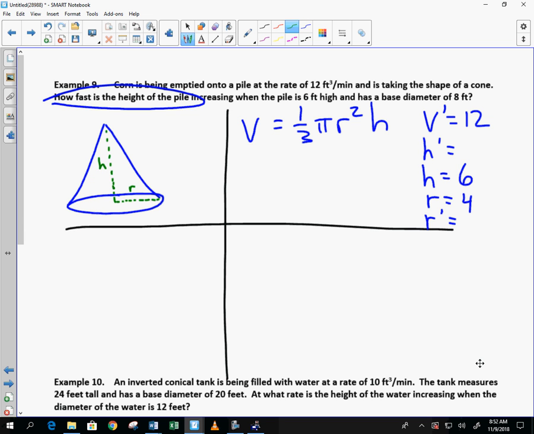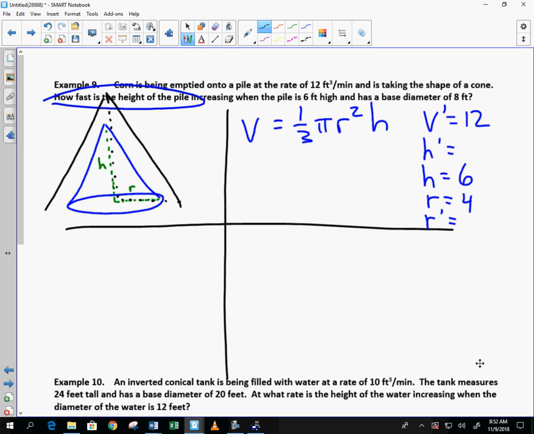For example, if I drew another cone right on top of this, wouldn't you say that the triangles made up by the center would be similar triangles? And if triangles are similar, then we know that their sides are proportional, right?